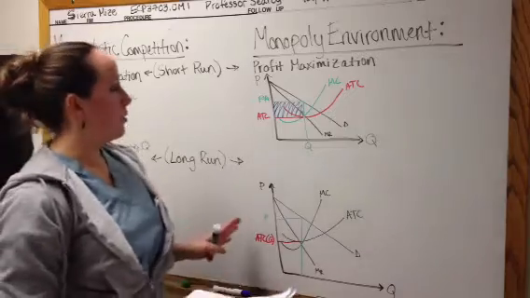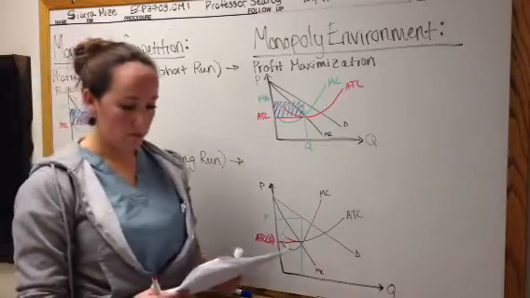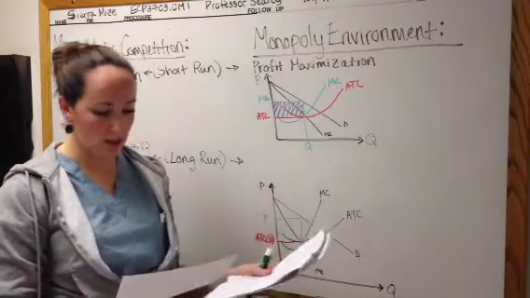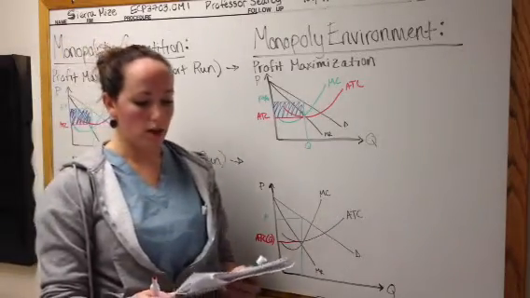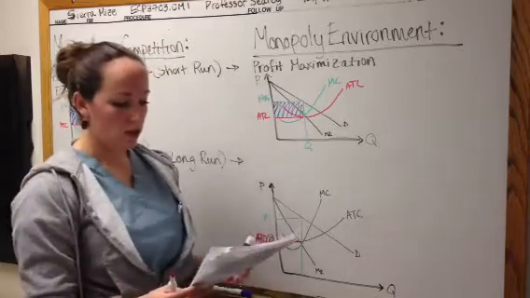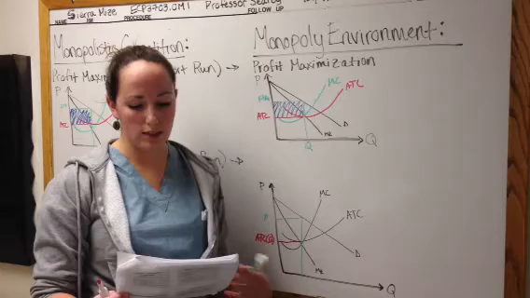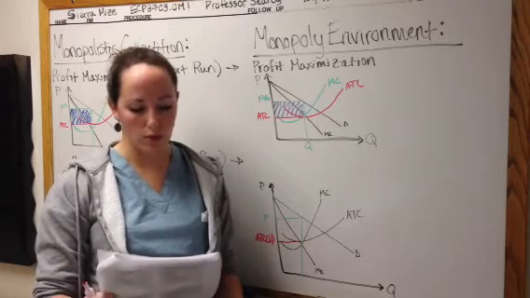Now, the problem with monopolies, aside from them controlling the market, is that they get this deadweight loss of monopoly. And this is where price exceeds marginal cost, so the monopolist produces less output than is socially desirable.